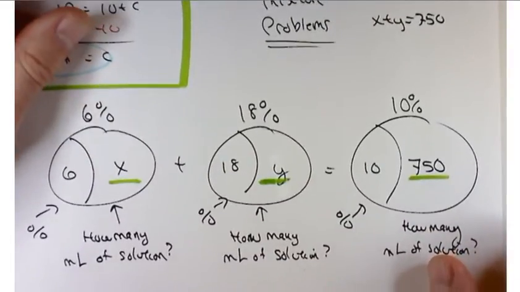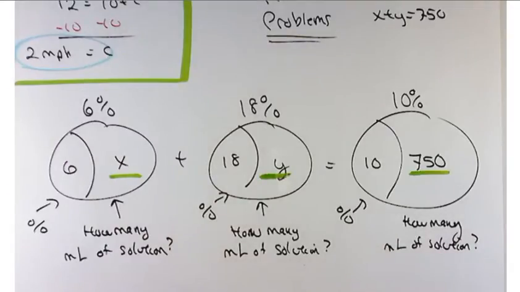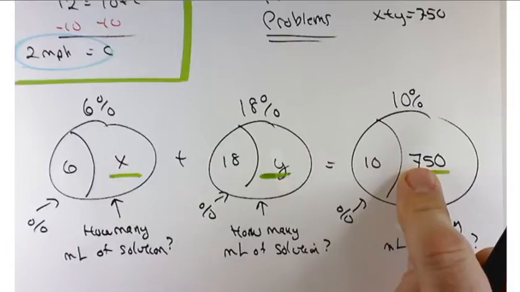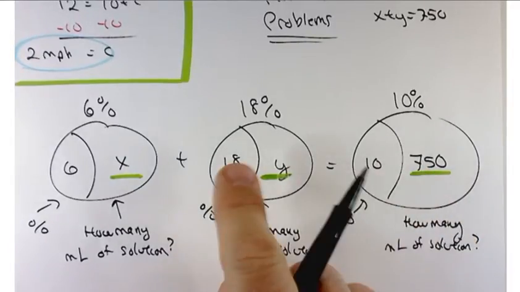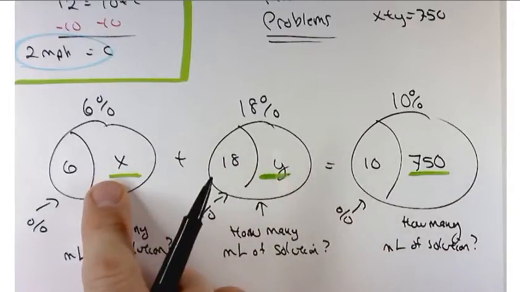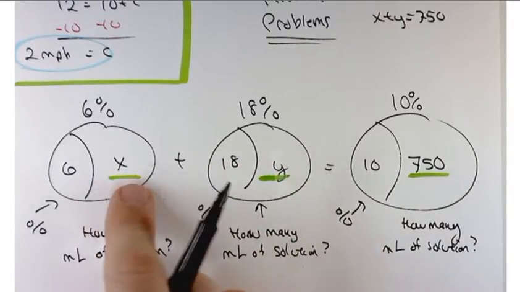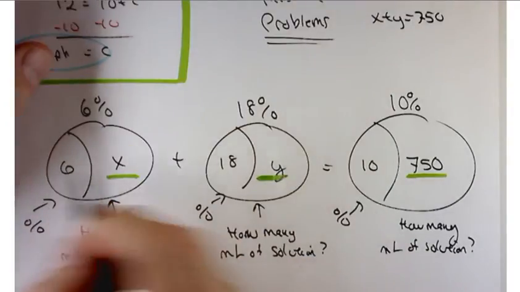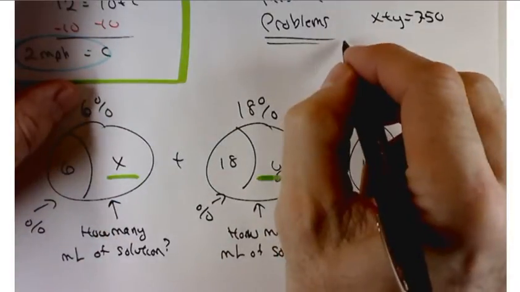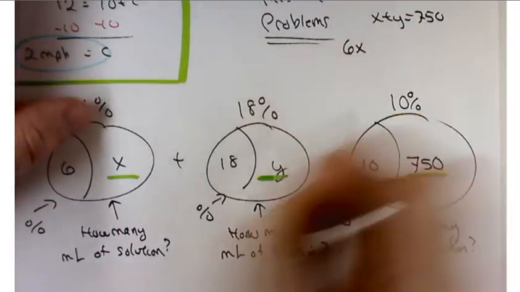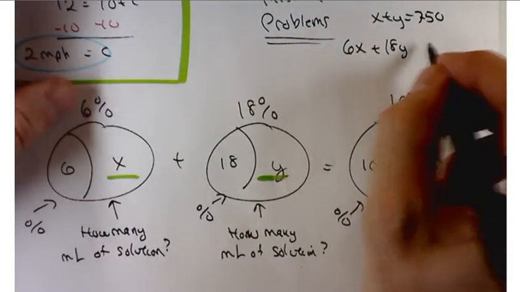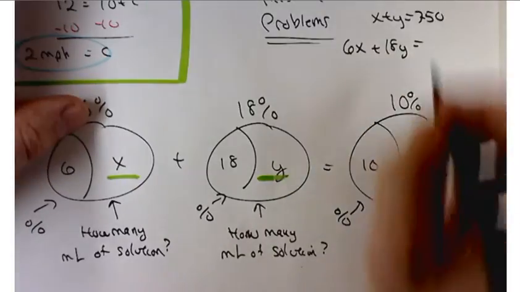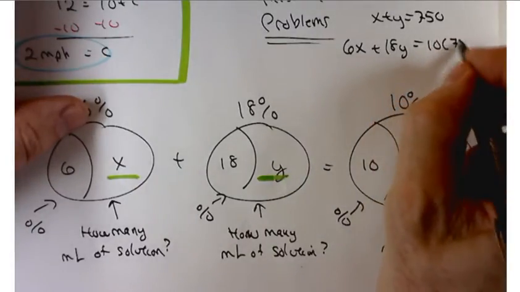The next equation you get if you actually took the time to calculate how much alcohol is in this. The alcohol here comes from the alcohol here plus the alcohol here. Well, how much alcohol is in here? 6% of this. So it's 6% of X plus 18% of Y equals 10% of 750.